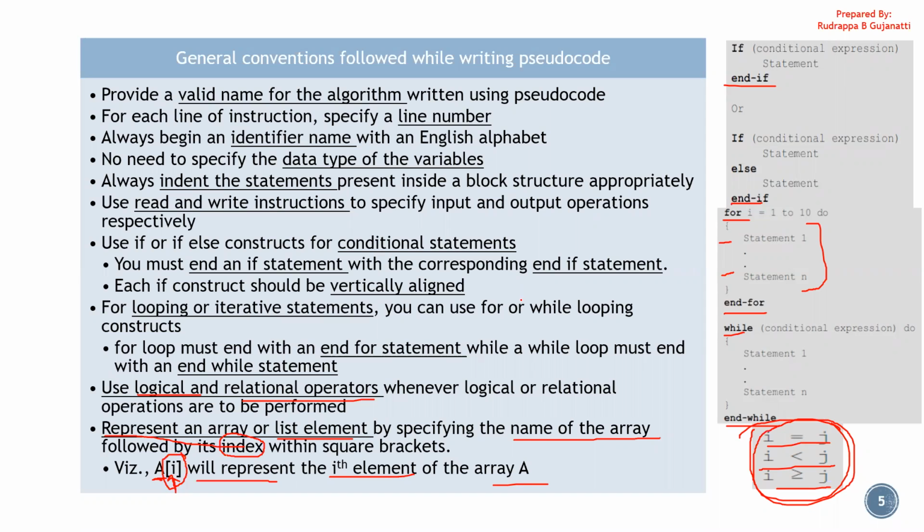Lastly, how do you represent the array? You represent the array with the name of the array along with the index. If you want to specify one particular value within the array, you can utilize its index. These are a few aspects you have to follow when you are writing pseudocode.